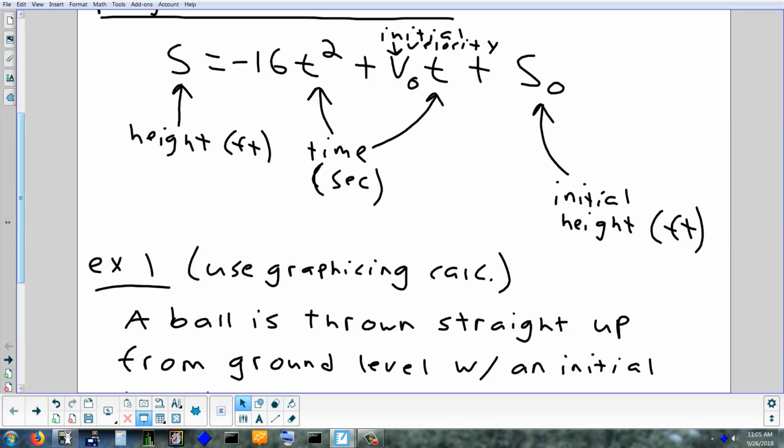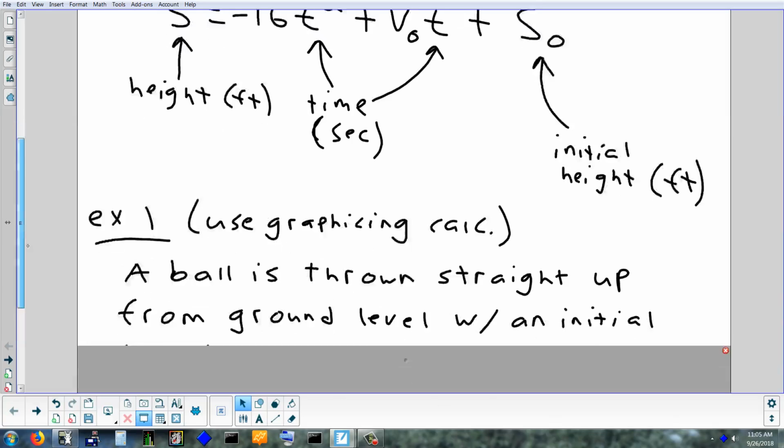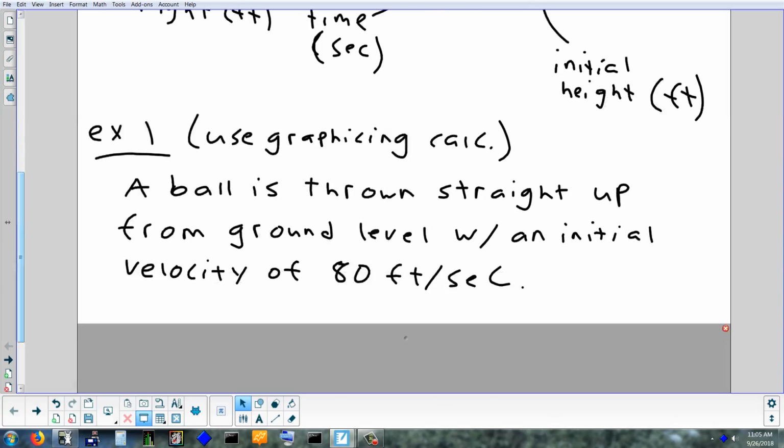That would make sense, but let's assume the ball is on some kind of device on the ground that is going to launch it straight up, maybe something under the ground that's going to come up and hit it. So the ball is being launched straight up from the ground, with an initial velocity of 80 feet per second.